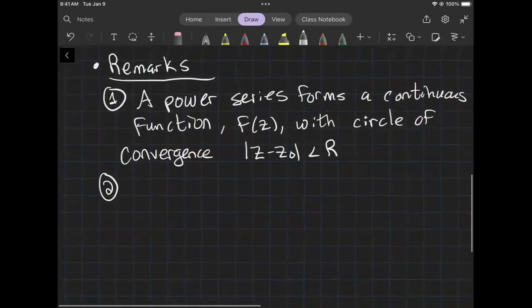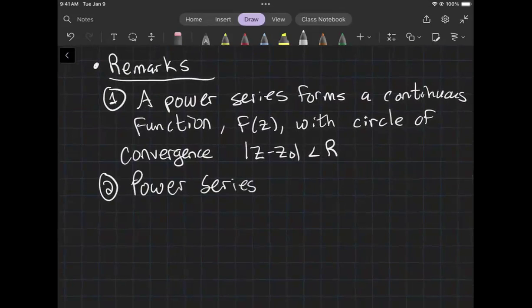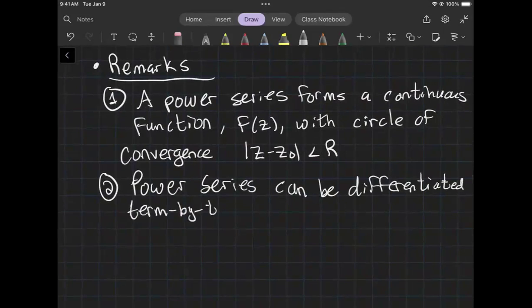The second remark is that a power series can be differentiated term by term, with the same circle of convergence.